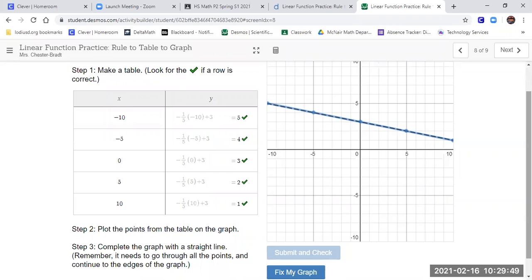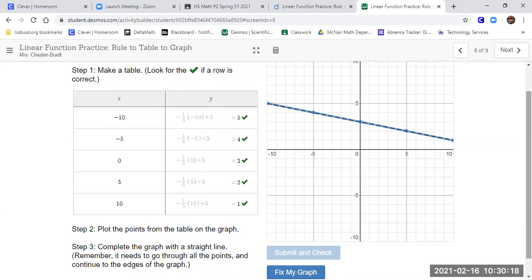Why did they pick x's of 5 again? This is a big deal.